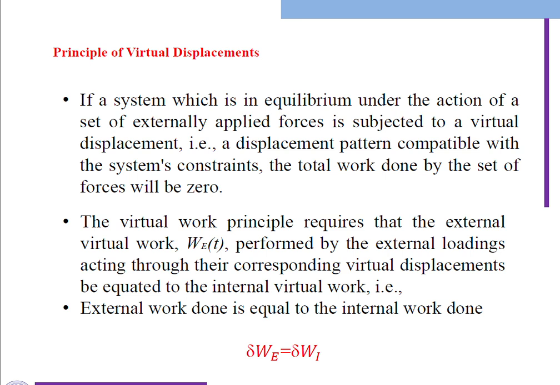When a body is in equilibrium and we apply a load over that particular body, the body will be displaced from one location to another location. Or we can see in a beam, when we apply the load over that particular beam, then the body deflects in the downward direction.